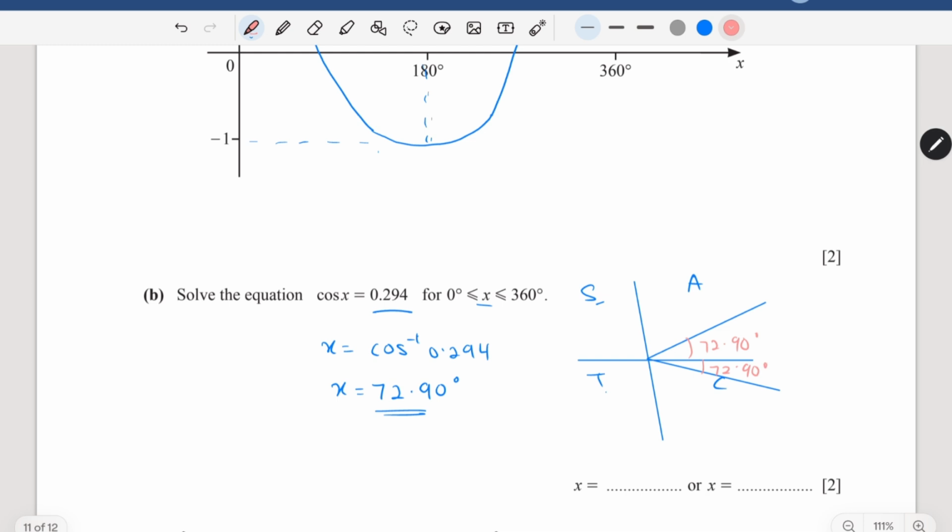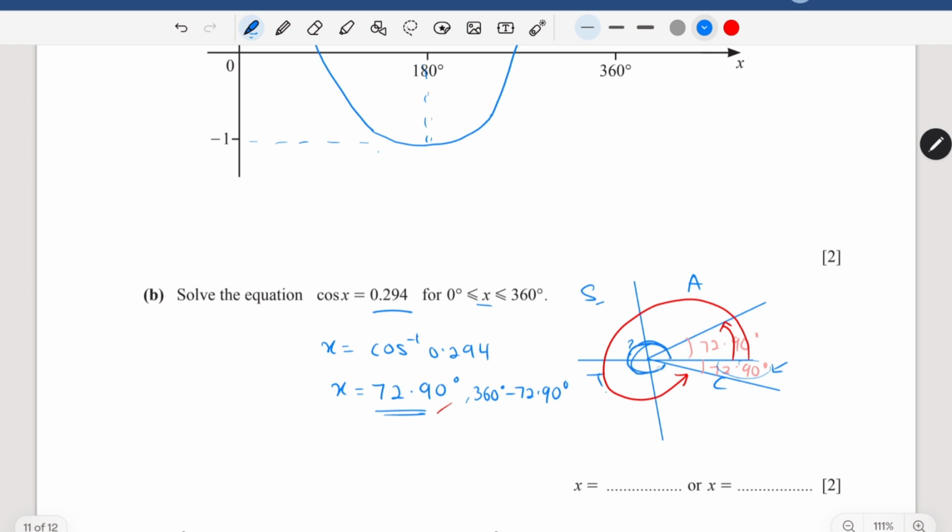Now let's find the values of x. First value, of course 72.90, we already put the value over here, and then the second value will be over here, which is from 360. How to find the angle over here? 360 minus 72.90. Because we don't want this value, we just want the angle from the starting line until here.